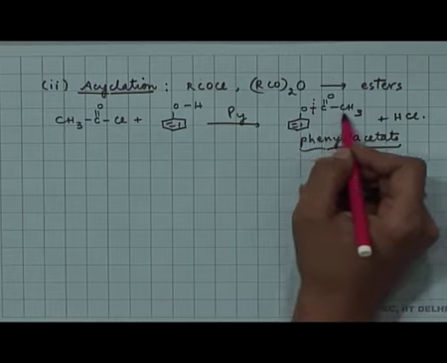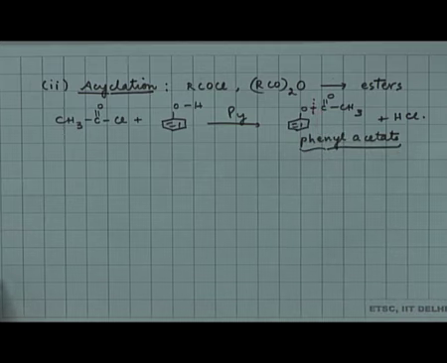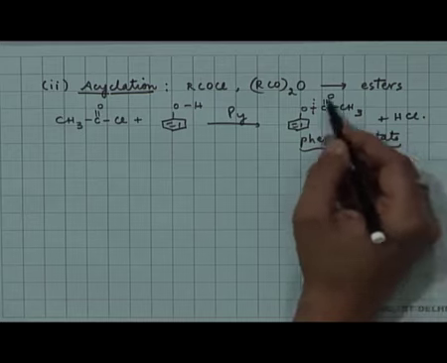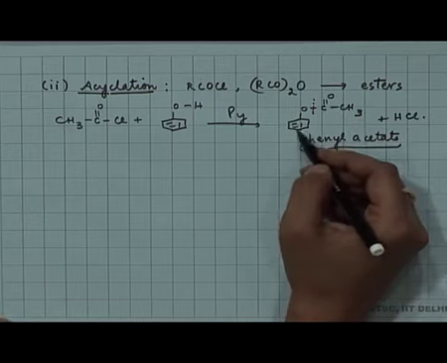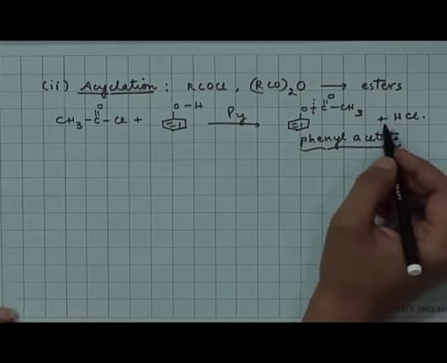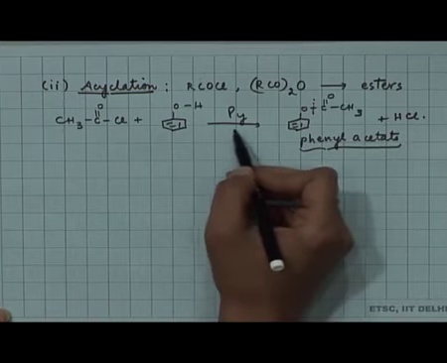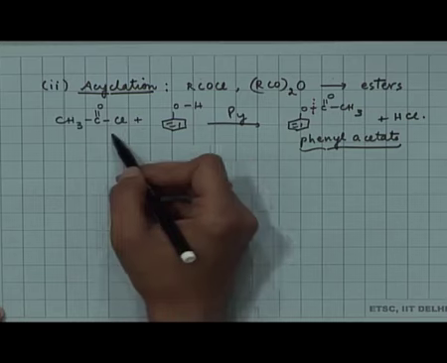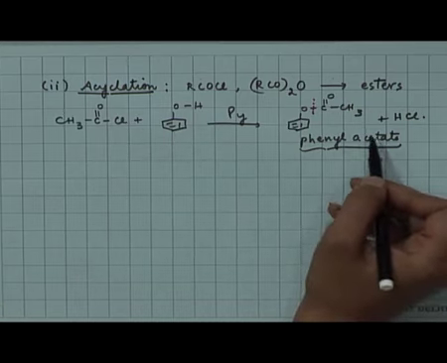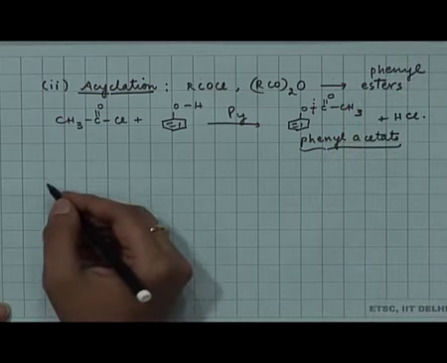So, if this reaction is carried out in the presence of any Lewis acid, the acyl group is going to migrate to an ortho or a para position in the benzene ring. But otherwise if you carry out the pyridine assisted acylation of the phenol, you end up with a phenyl ester. So, in this case all your esters will be phenyl esters.